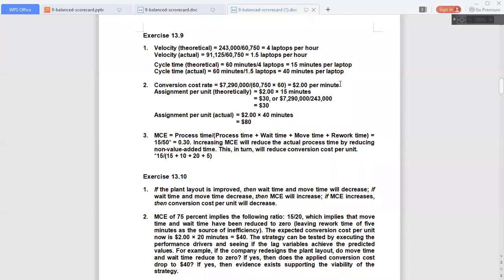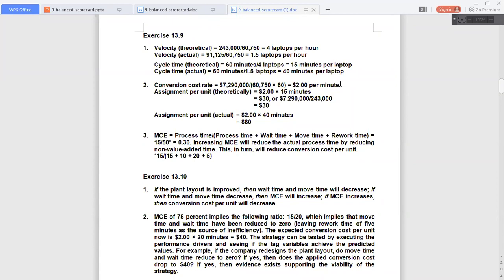Now, in number 1, if the plant layout is improved, then wait time and move time will decrease. If wait time and move time decrease, then MCE will increase. If MCE increases, then conversion cost per unit will decrease.